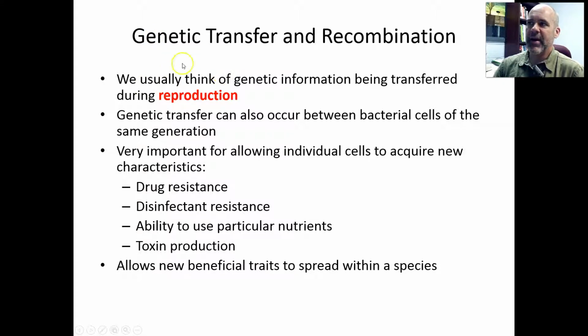All right, so typically when you think about genetic information being passed along from cell to cell, we think about reproduction. So we think about a mother cell or a parent cell dividing and creating two daughter cells, so one cell to two cells.